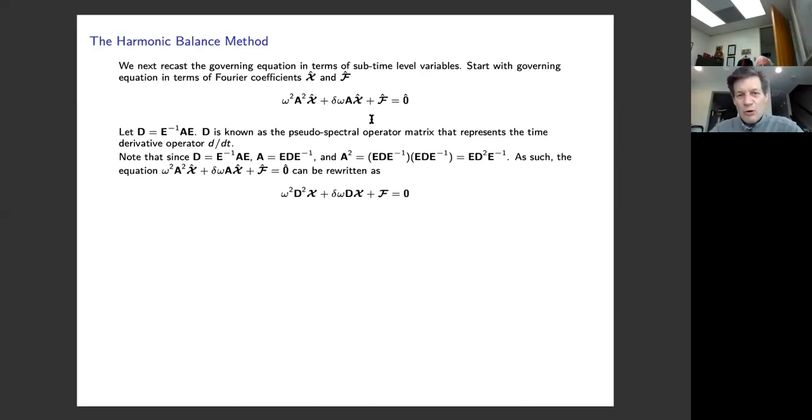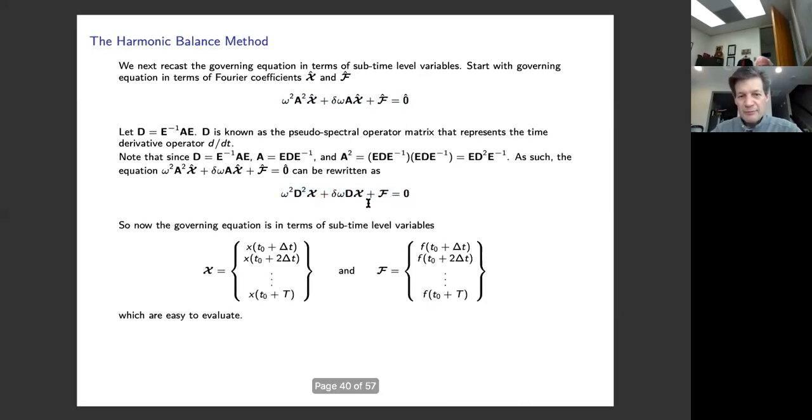But basically we can rewrite this original governing equation, which is in terms of the Fourier coefficients, now in terms of a governing equation that involves the subtime levels, okay? And this is infinitely simpler to deal with, again, because we can just compute explicitly these terms to set up these vectors.